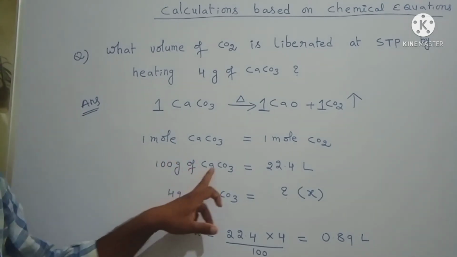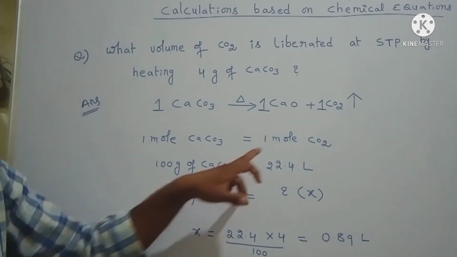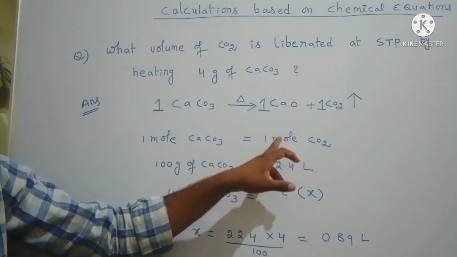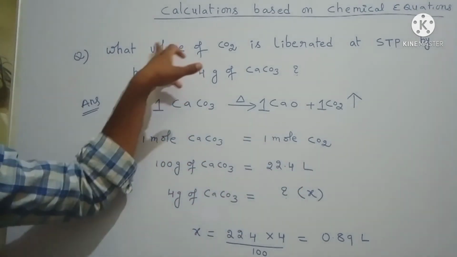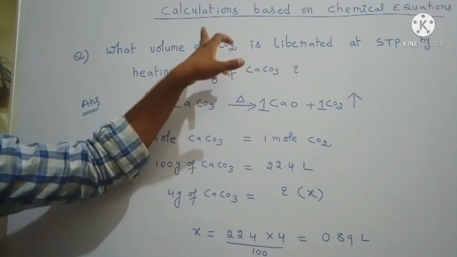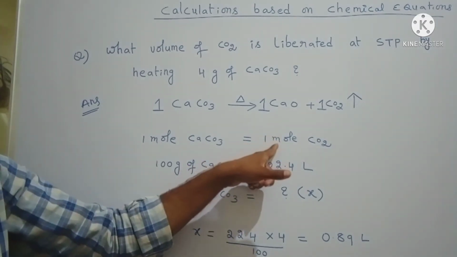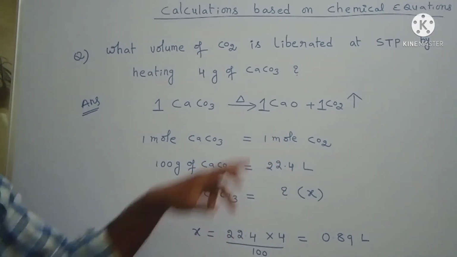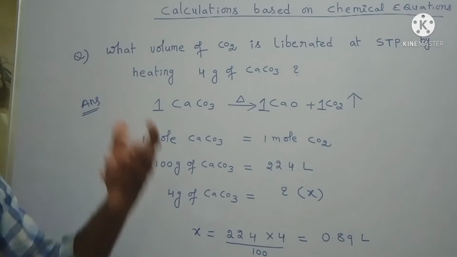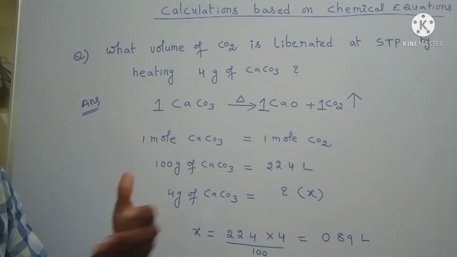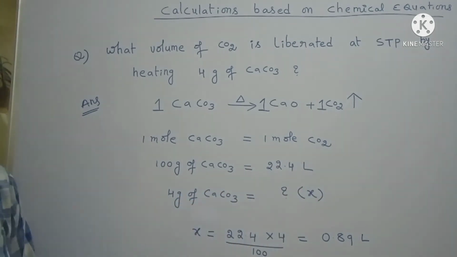Now we are converting this into liters because carbon dioxide they are asking in terms of volume. That's why I am converting this mole into volume. So 1 mole of any gas at STP conditions occupies 22.4 liters.